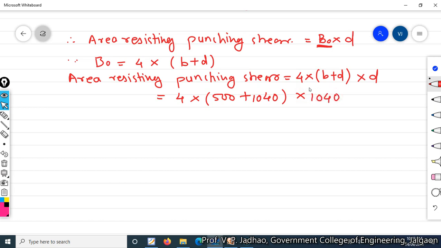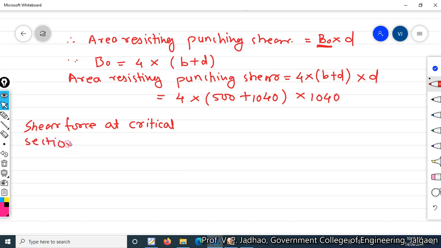Now the shear force at the critical section.